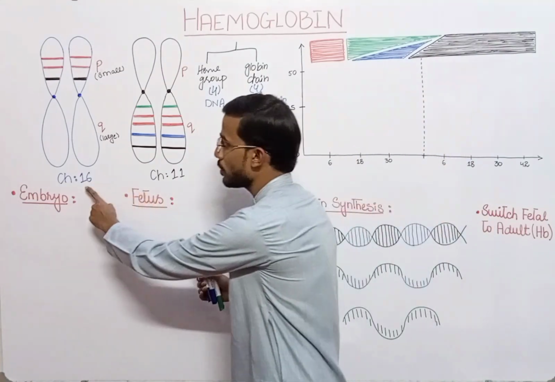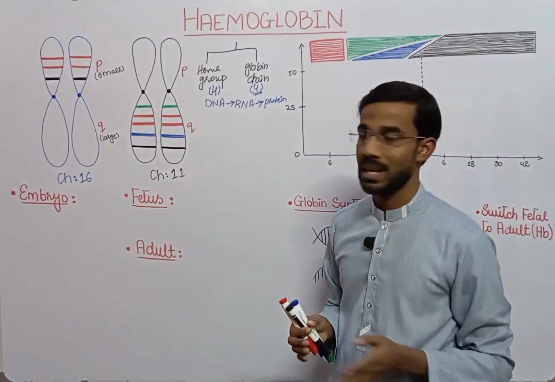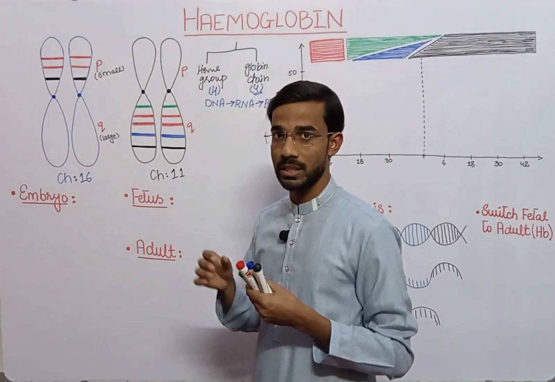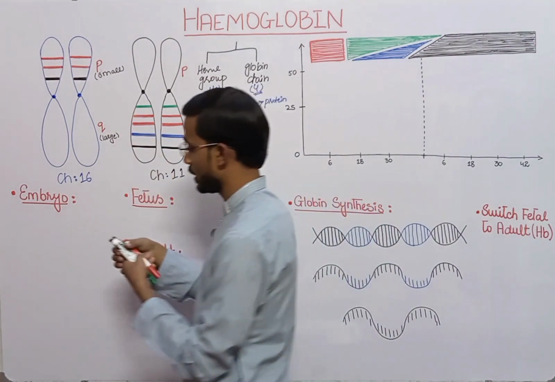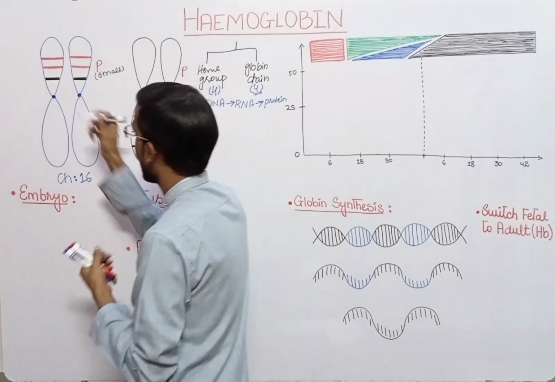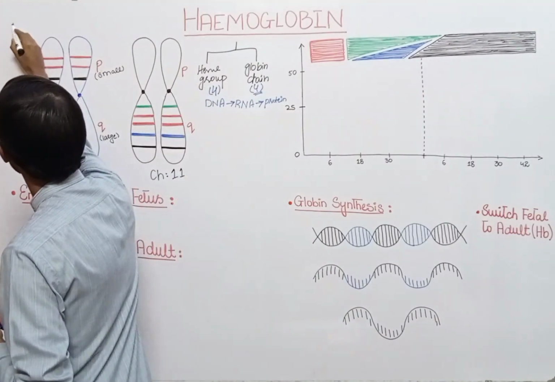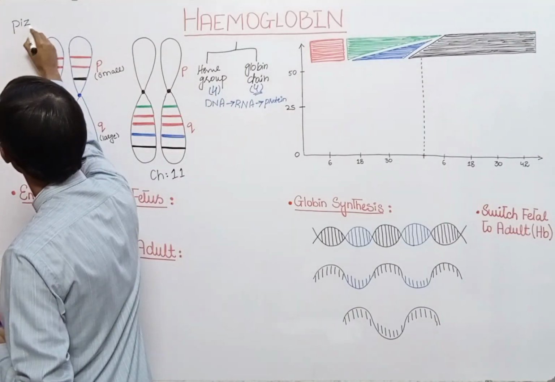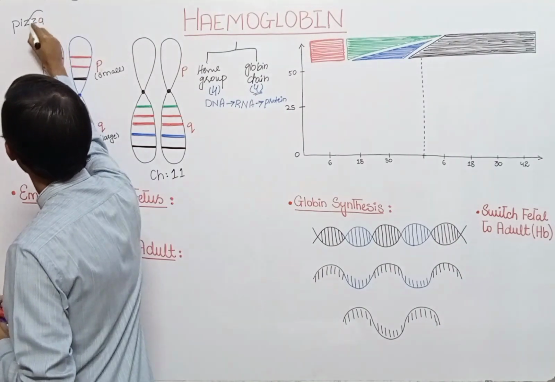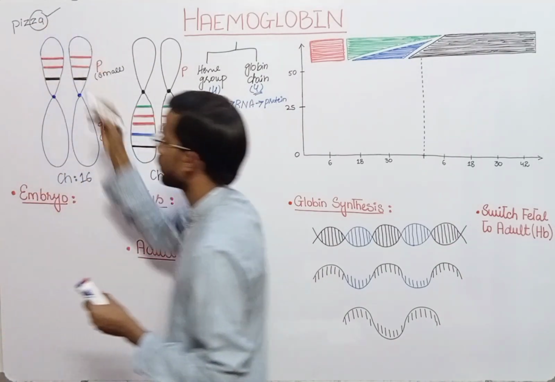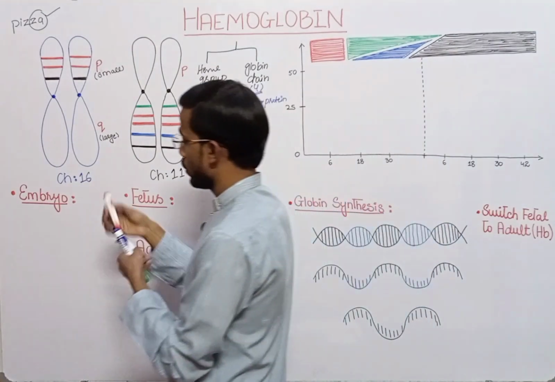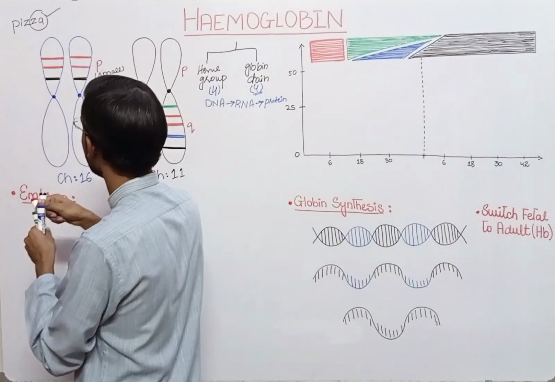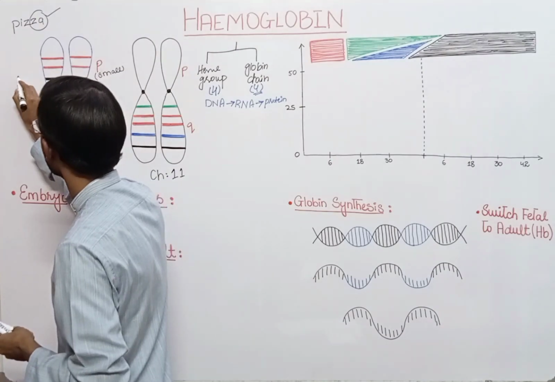So chromosome 16 has different genes on the small arm. And what type of genes? You can remember it by the word pizza. The last letters are 2 Z and A. So here you can see Z stands for zeta.